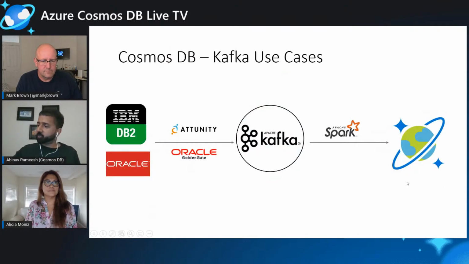So in terms of the actual use cases, we see two primary scenarios where Cosmos DB and Kafka come hand in hand. One is on the migration and data modernization side of things. We've seen a lot of use cases for customers that want to start moving from legacy systems, but also RDBMS systems, and then they want to move into Cosmos for a multitude of reasons, right?